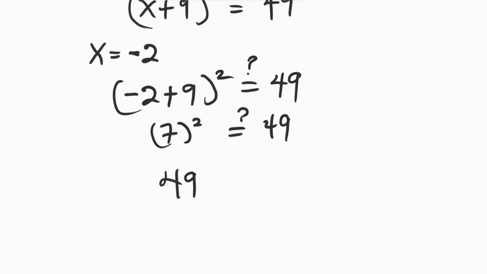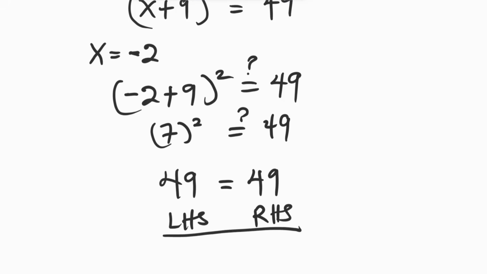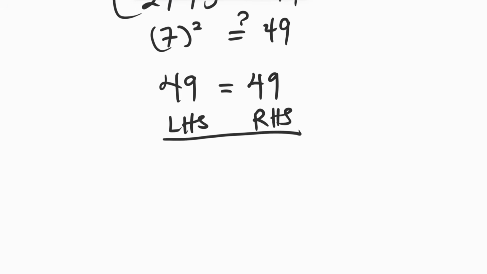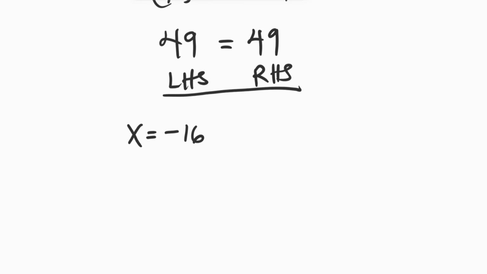And then what we have on the right hand side is also 49. Means that our left hand side is now equal to our right hand side. Therefore, our value of x, which is minus 2, is correct. So let us try for x equals minus 16.